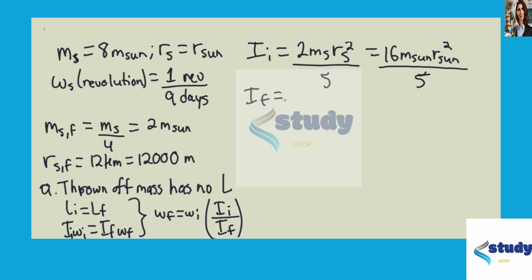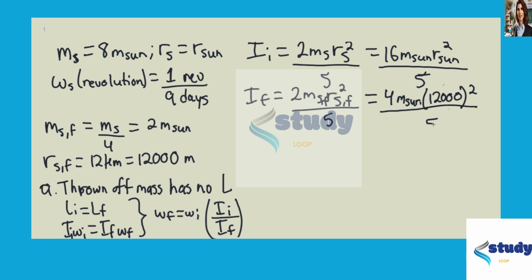I final is going to be equal to 2 times the mass of the star times the radius of the star final over 5, or 4 mass of the sun, sorry, this is not the radius of the sun squared anymore. This would actually become 12,000 squared divided by 5, once again.